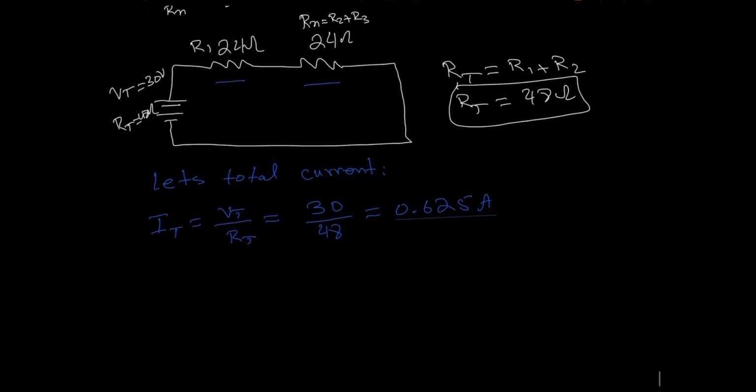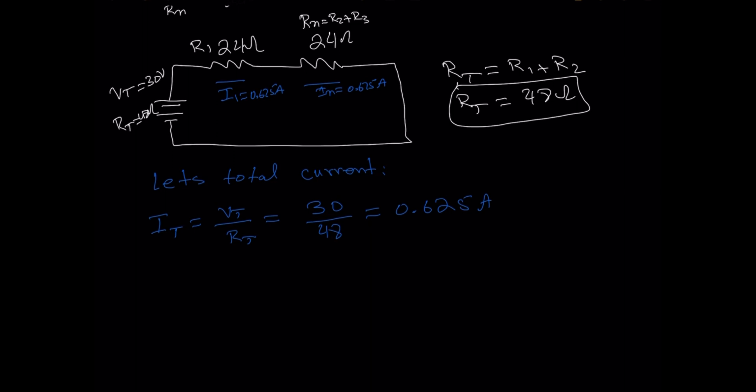Now, in the series circuit, the current stays the same at every point of the circuit. So I1 here is also 0.625 amp, and In here is also 0.625 amp.